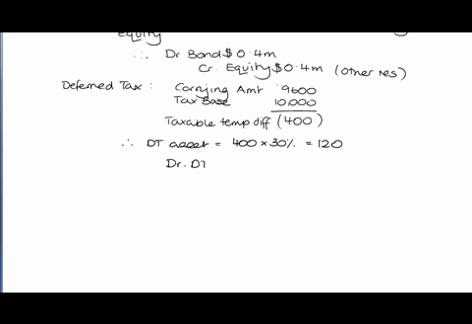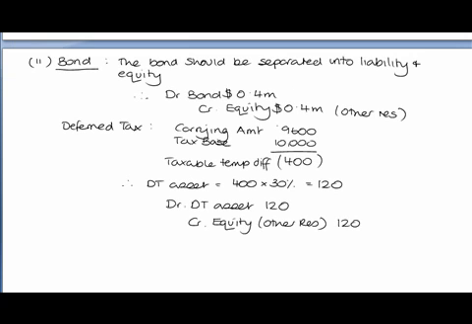So we debit deferred tax asset 120 and credit equity, other reserves, 120. Notice what we did before.